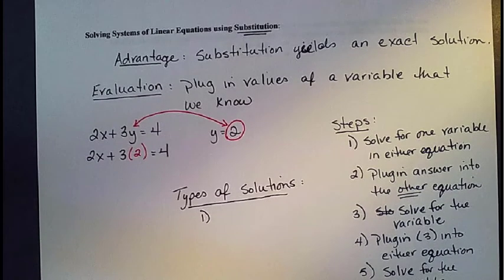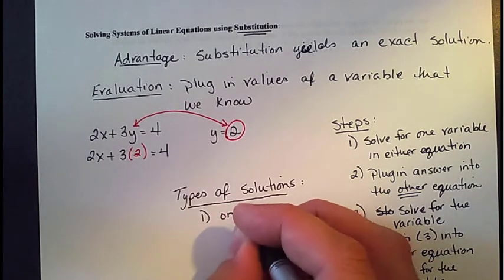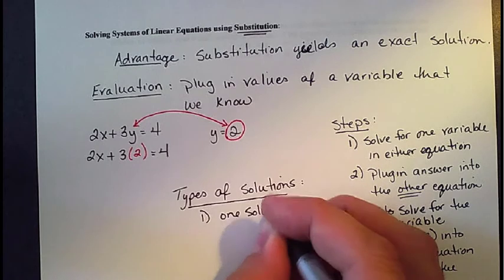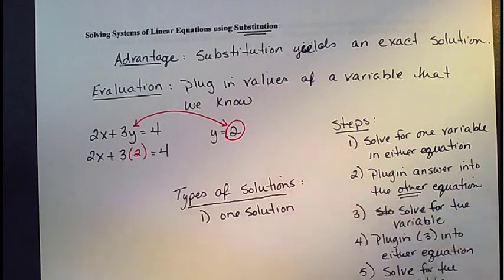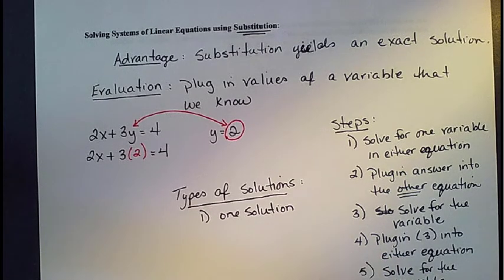So you could have any of the same solutions that you would have had with graphing. The first one is one solution. And you know you're going to have one solution if you ever are solving and you get x equals 3, plug in and get y equals some number. That's going to give you a Cartesian point.